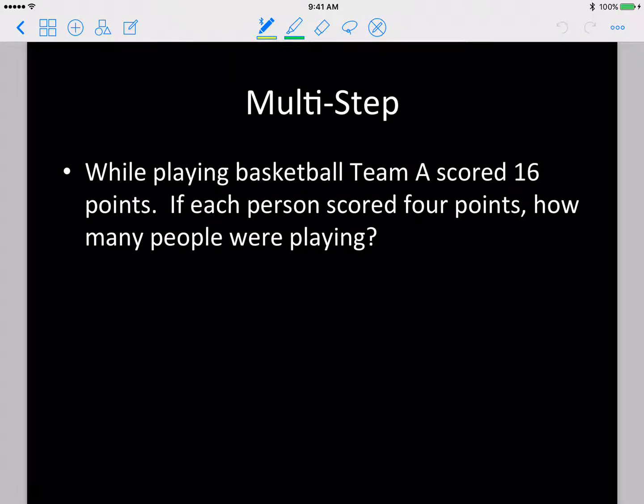Now we're going to talk about a multi-step problem. And that says, while playing basketball, Team A scored 16 points. If each person scored 4 points, how many people were playing? So let's think about this.